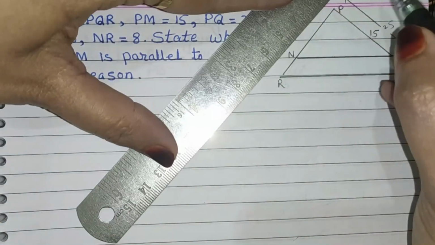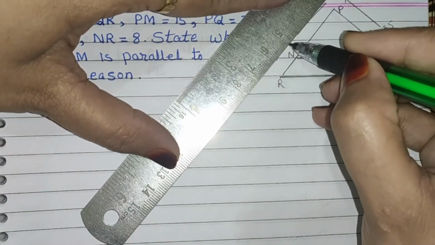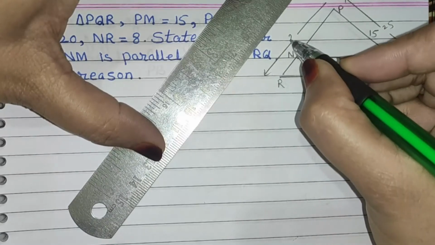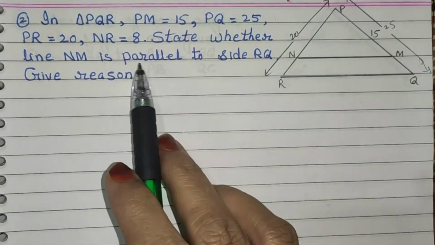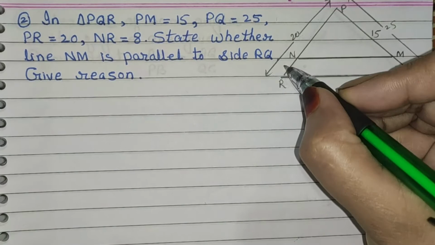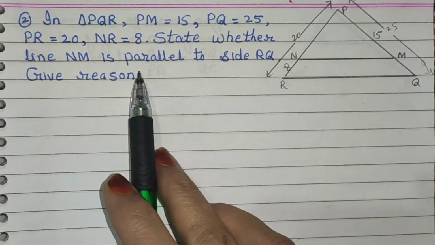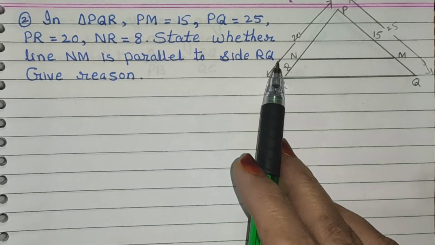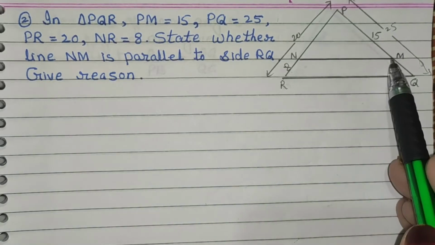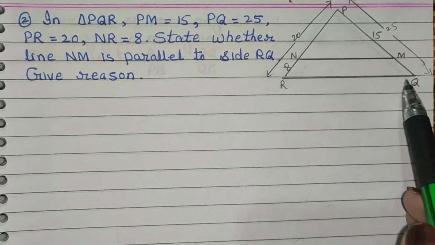Now here, the value of PR is 20. NR is equal to 8. The value of NR is 8. State whether line NM is parallel to side RQ. NM, is it parallel to RQ?